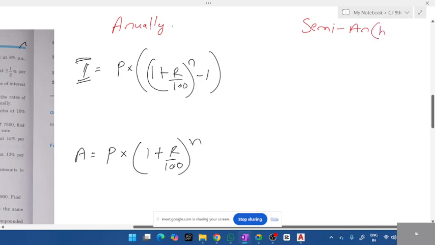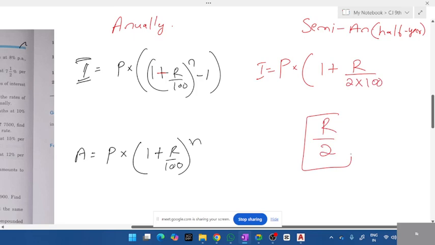Semi-annual, after that, the formula: compound interest is equal to P into 1 plus R by 2, right? Why are we dividing R by 2? What's the reason? Yes, it's R. This is what I explained, right?